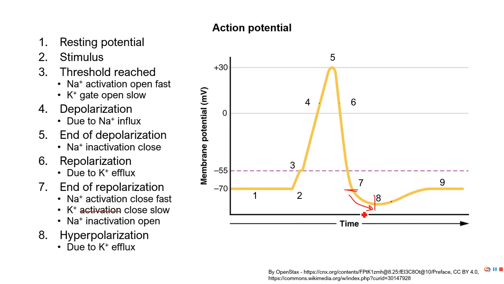The potassium gate finally closes here, and we return to resting potential. And this is due to potassium influx. Potassium comes back in through the leak channels, and it's really being pulled in by the proteins that are negatively charged. Remember, positive and negative attract, not attack. They attract each other. And so those negative proteins say, hey, come hang out with us, positive potassium.